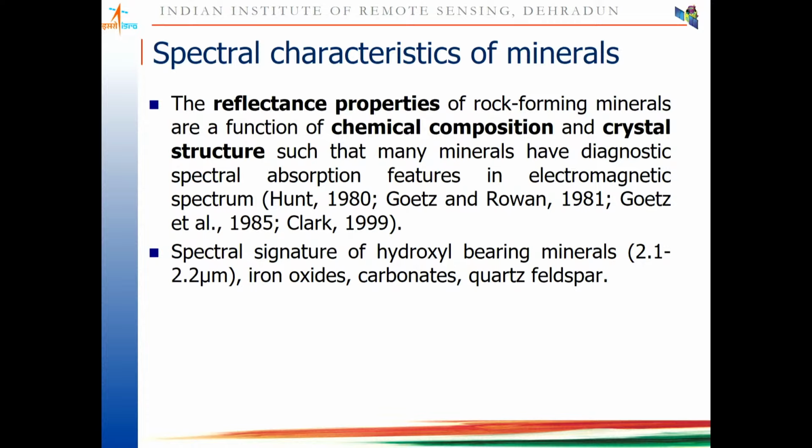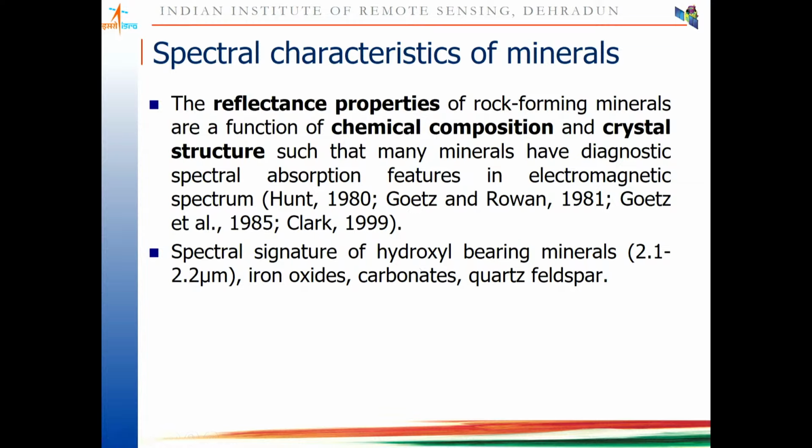So we have to concentrate more on absorption dips, not on the peaks, the dips at a certain wavelength for a certain mineral. For example, for different hydroxyl bearing minerals, we will have spectral properties in these ranges. For the presence of carbonates, we will have an absorption dip at 2.3.